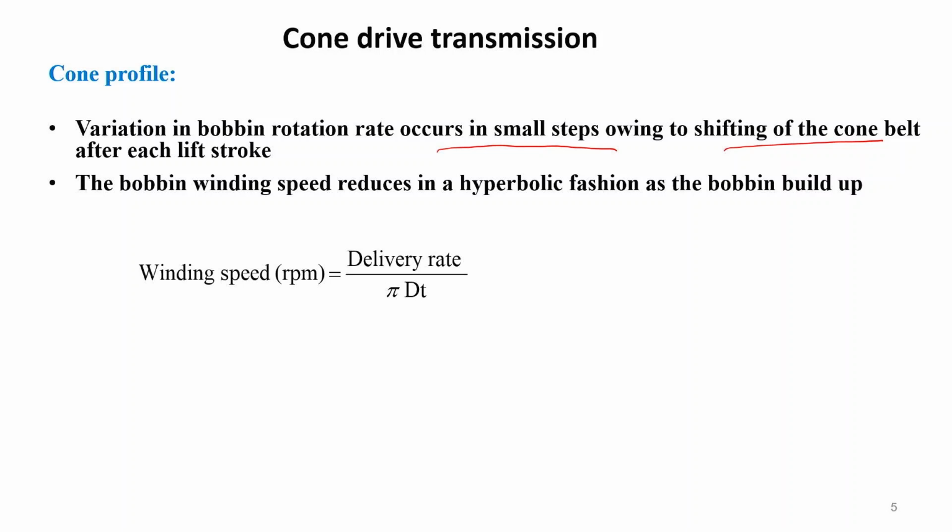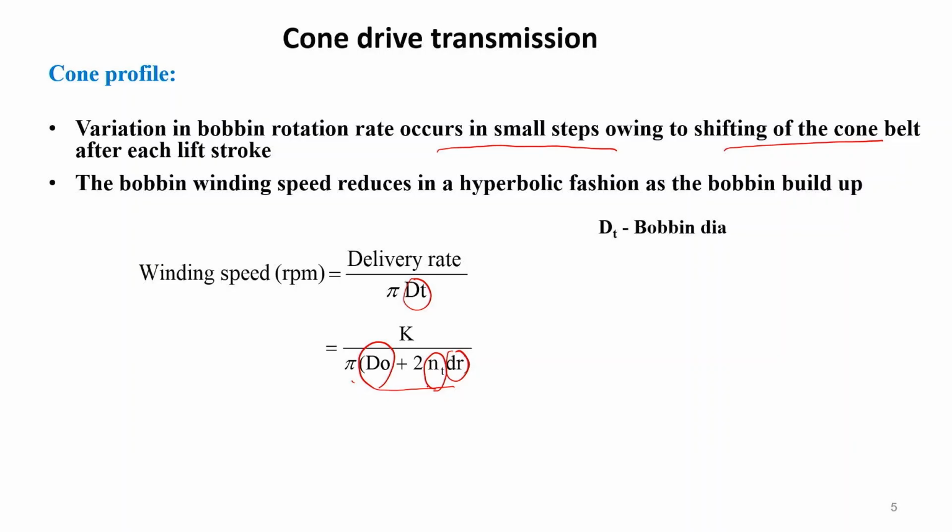So, winding speed, that is winding RPM, is equal to delivery rate divided by pi d_t, where d_t is the diameter of the bobbin at time t. So, the bobbin diameter d_t is equal to d_0 plus 2 N_1 T times d_r, where d_0 is the initial diameter of the empty bobbin, N_1 T is the number of wraps, and d_r is the diameter of the roving.